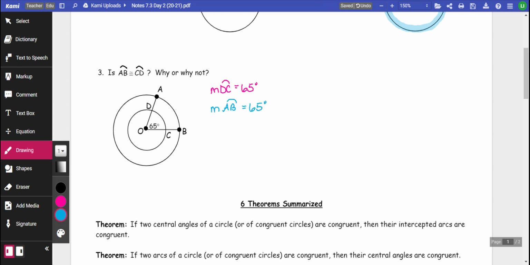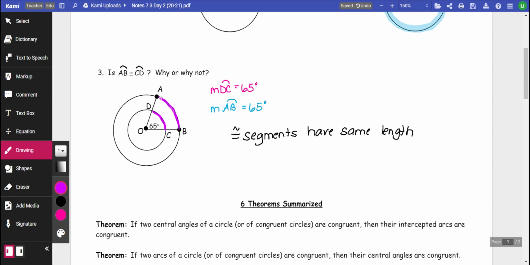However, when we talk about congruent segments, we know that they have the same length. If I look at my two arcs, it's very clear that they have different arc length.